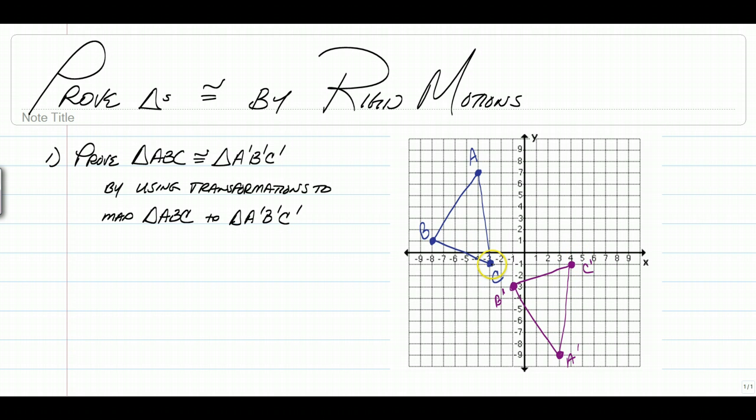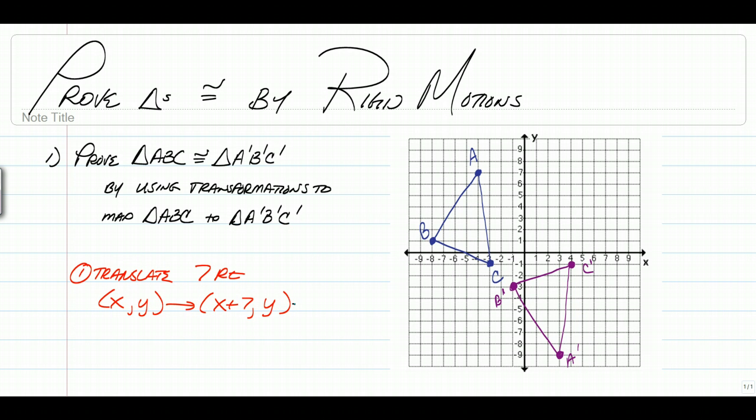So in order to do that, we would have to translate 7 units to the right, and then C will be sitting right on top of C prime. So step 1, we're going to translate 7 to the right. In coordinate notation, that would be (x + 7, y).